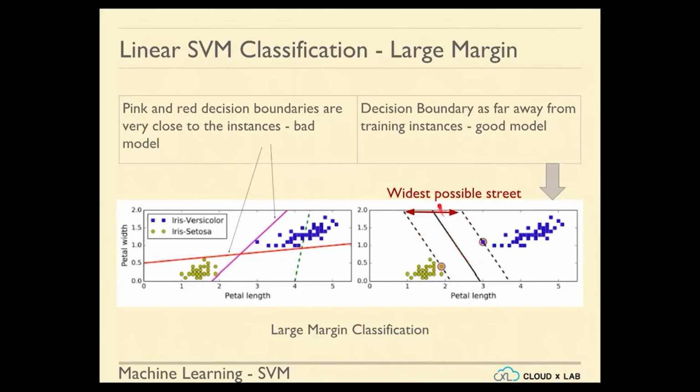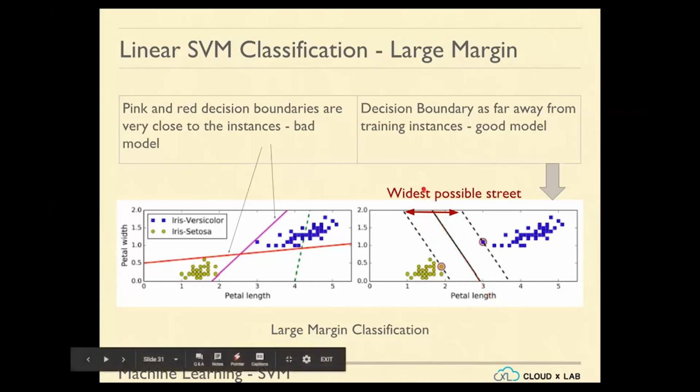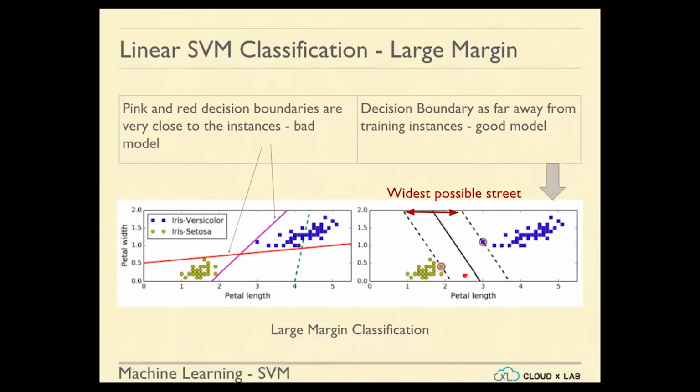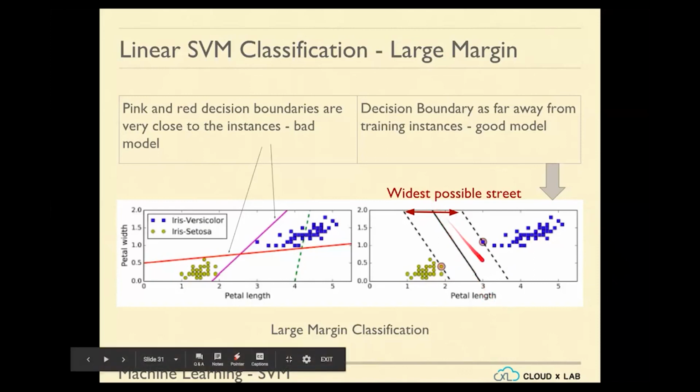And the decision boundary generally we take from the middle of the street. So as part of SVM, we figure out what is that widest possible street, and the decision boundary is generally at the middle of it.